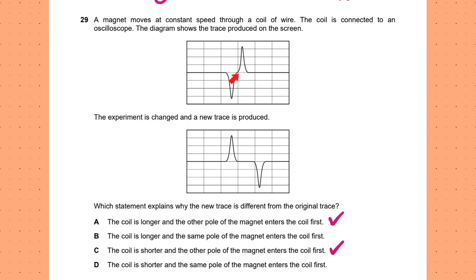So this coil must be short for there to be no region of zero EMF. But if the coil is longer and the magnet is falling through, when it's in the middle, no EMF would be produced because the coil is cutting field lines at an equal rate from the top and the bottom. So it must now be longer.